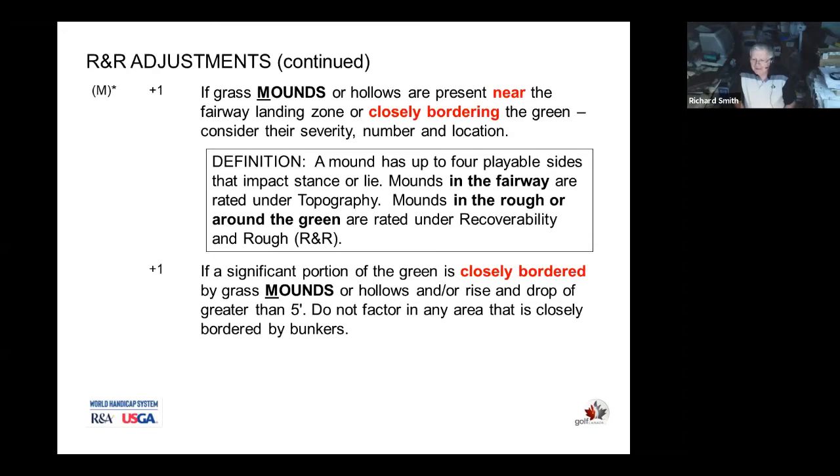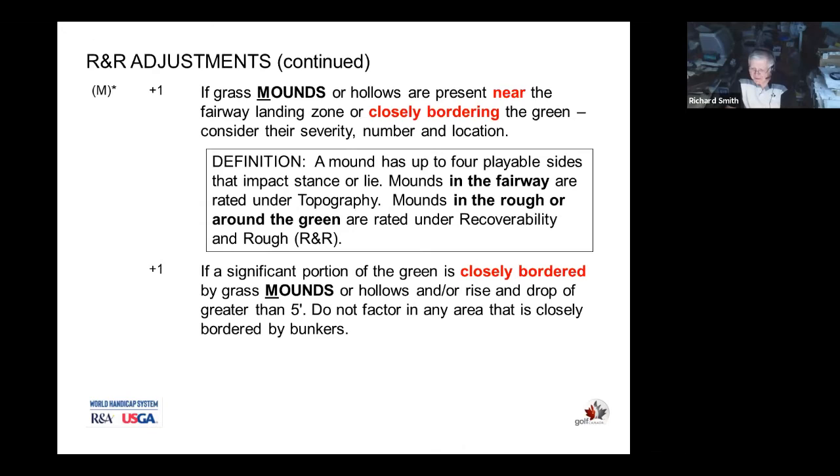So if again you have a rise and drop greater than 5 feet around a significant portion of the green, and again we don't have to measure it to be exactly half or more or anything like that. Just if it's going to be significant that there's a lot of rise and drop, we still make the adjustment, but we make it as a mound adjustment and not an R adjustment.